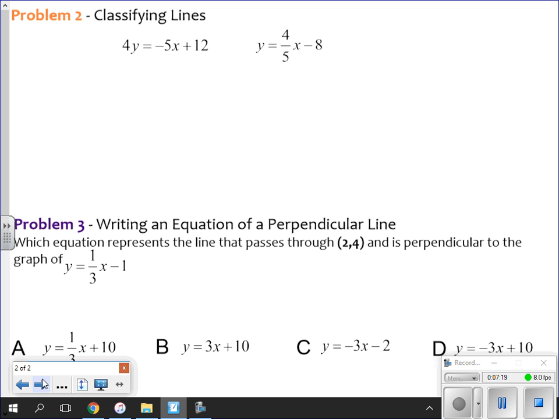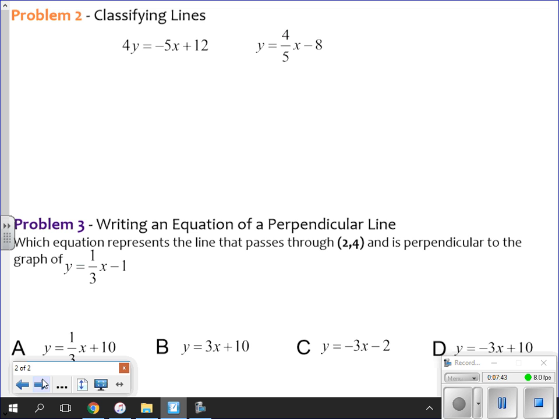Okay, the instructions on this one are not there. It says classifying lines. What it wants you to do, and what it will ask you to do on your classwork, is it will say, are these lines parallel or perpendicular or neither? Are they parallel, are they perpendicular, or are they neither?